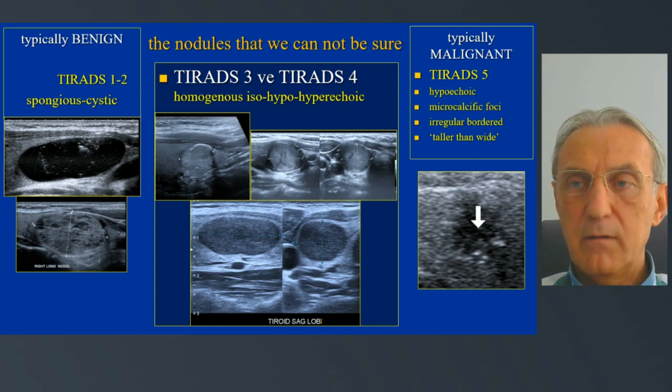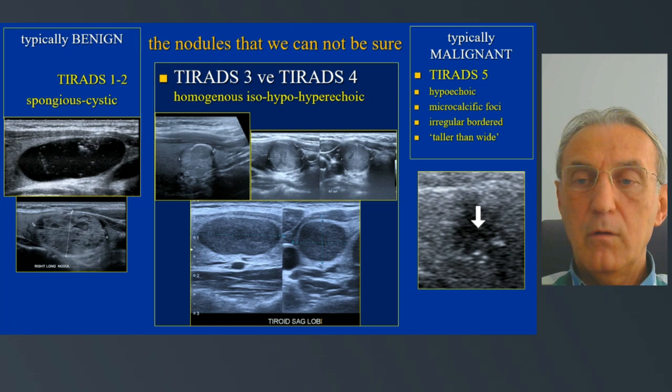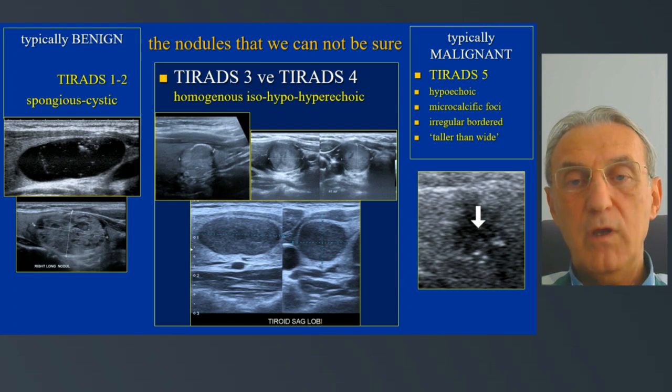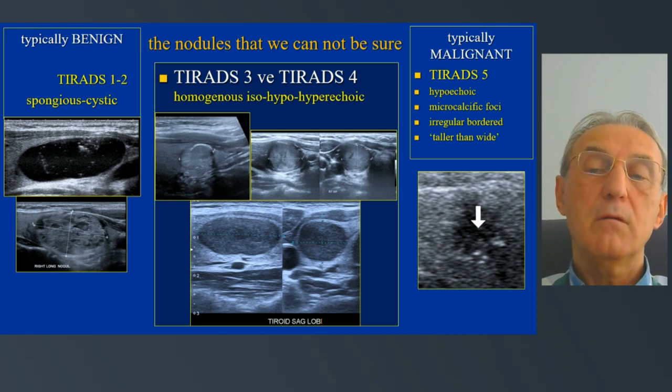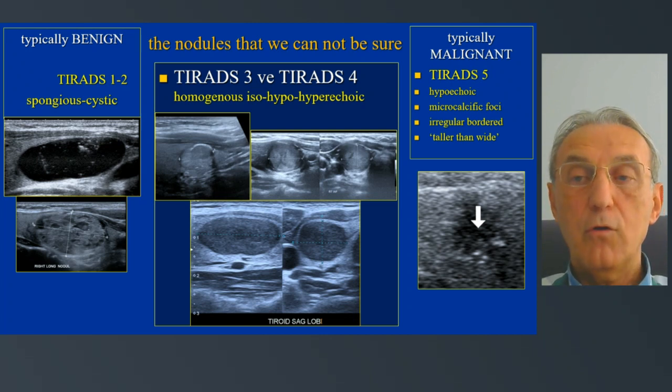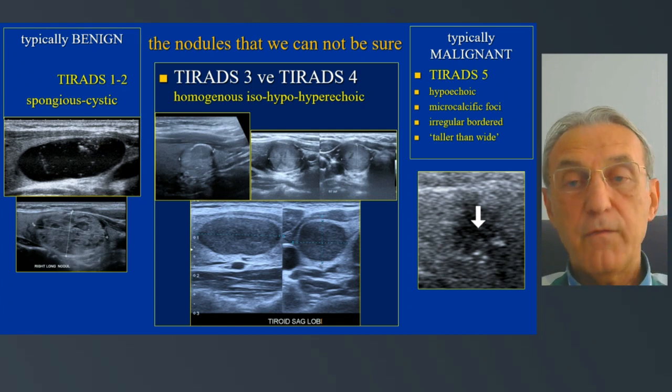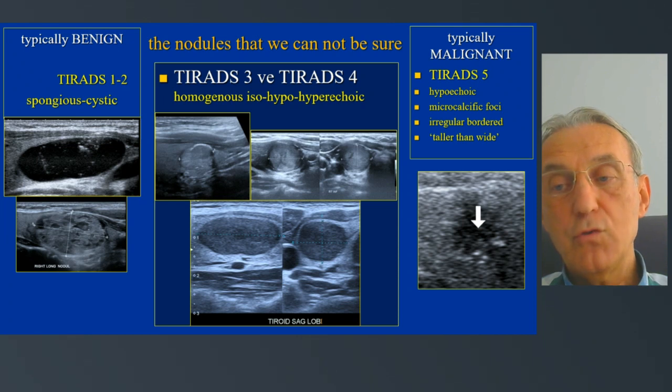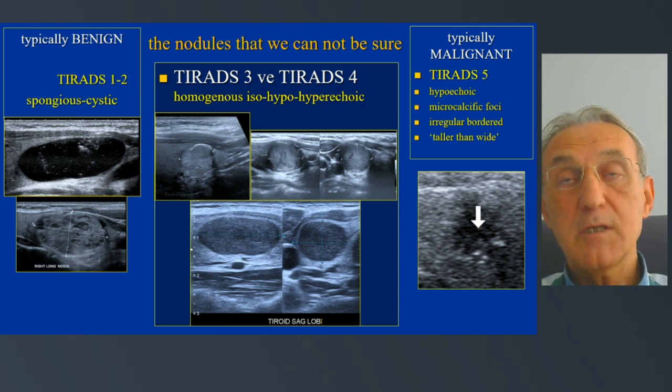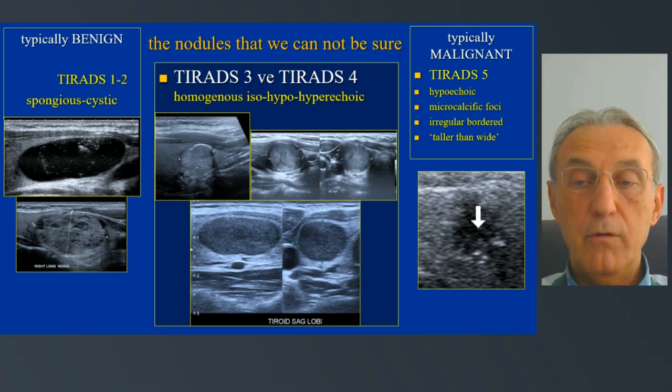probably malignant. So on each side we have benign and malignant nodules. We can easily differentiate them, but there are many nodules. Maybe the most frequent nodules are thyroid 3 and thyroid 4, or we cannot be sure if it's a typical spongious nodule or not.